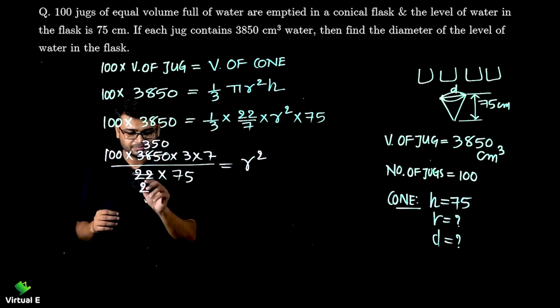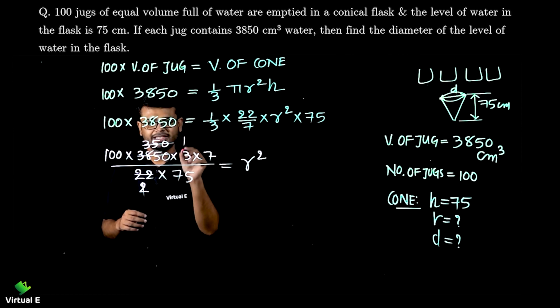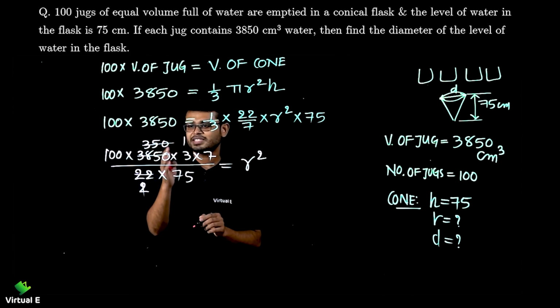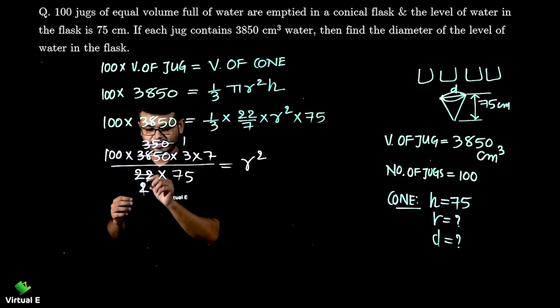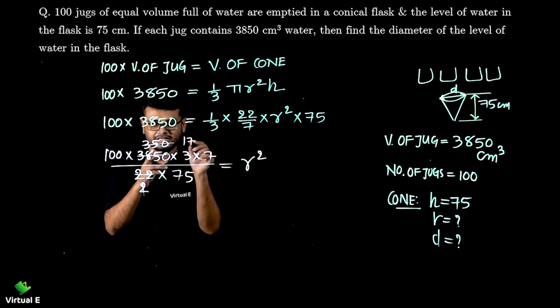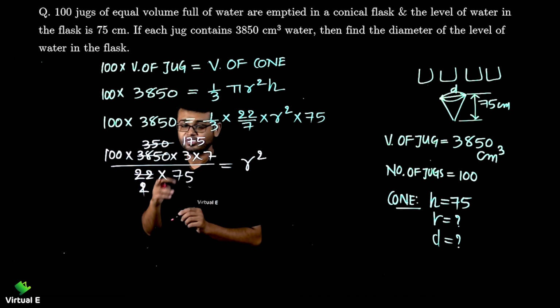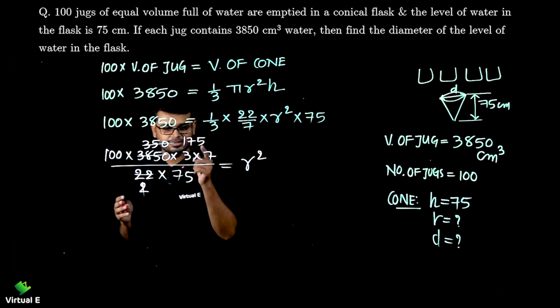Let's do cancellation. This is an even number, so I think 175 will come, right? Let's check it one more time. 2 1s are 1s and 1 5, that is 7s are 1 0, that is 5s are. Okay, correct. 175. But can we cancel 75 and 175? I don't think so. Let's try though.